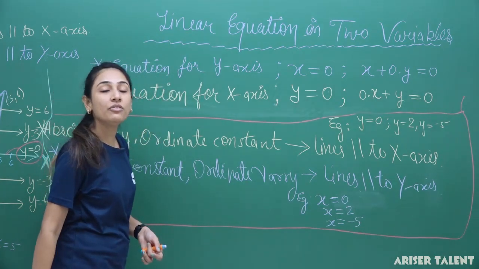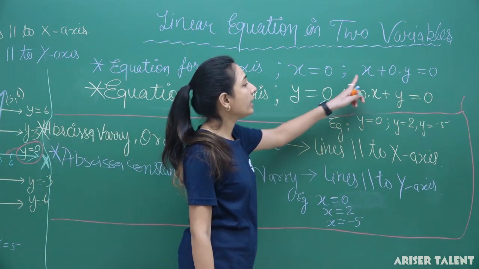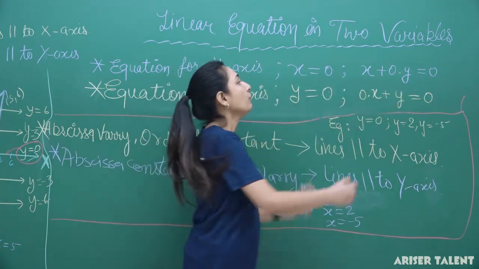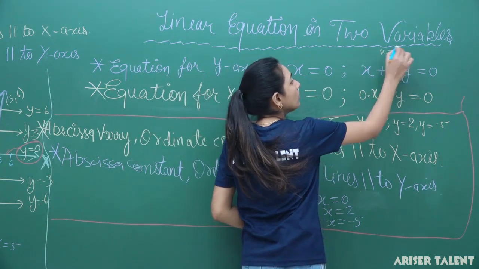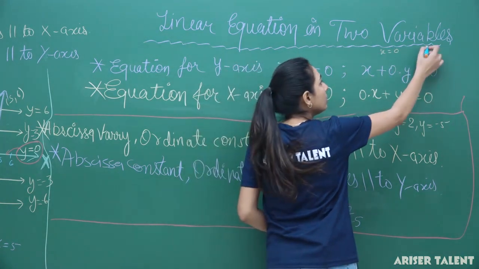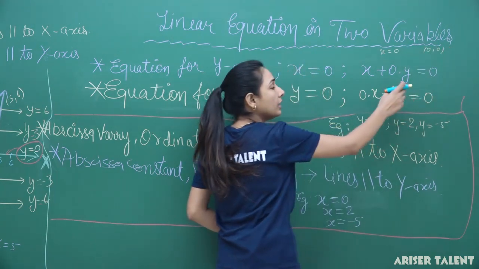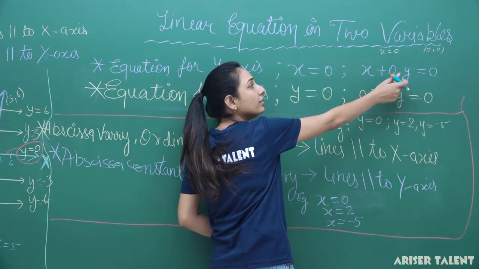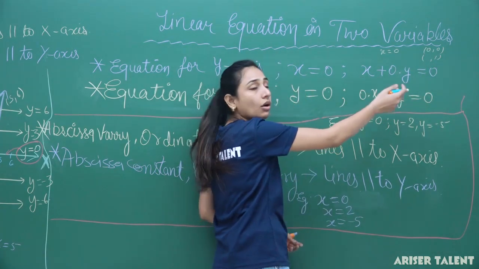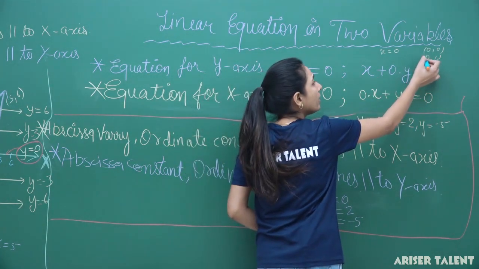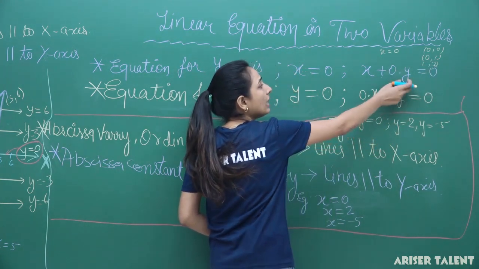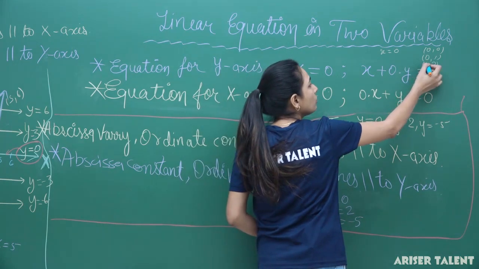Now what is the benefit of this? Look here, if I change the value of y, for x equals 0, the value of y is 0, so I will get (0, 0). Now put the value of y as 1. What will you get for the value of x? Always 0. If you put y equals 2, x is again 0.